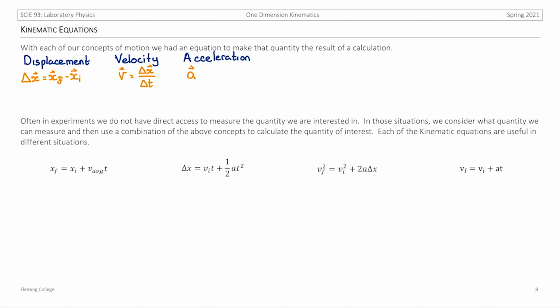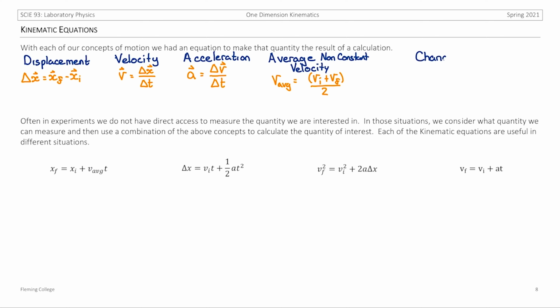Acceleration is defined as delta v over delta t. And another way of looking at average velocity over an interval where we don't have constant velocity is if we know the initial velocity and the final velocity and add them together and divide by 2, literally averaging them, we can calculate an average velocity over a time interval.